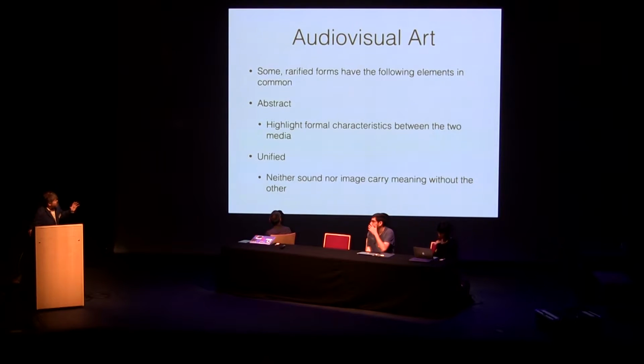So audiovisual art, just a bit more about that. The reason why I think it's a good test case, a good way of focusing the requirements, is because a lot of rarefied forms of audiovisual art have the following elements in common. They're very abstract. So what that means is it's not representation, it's not filmmaking. It's not like, well, we could just make a film, we could do it in non-real time.